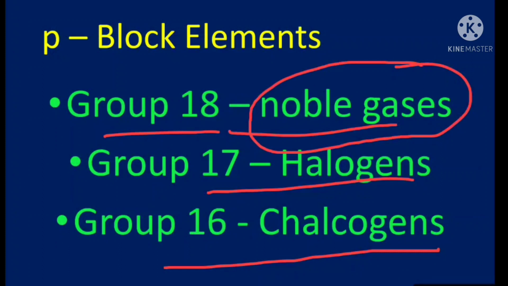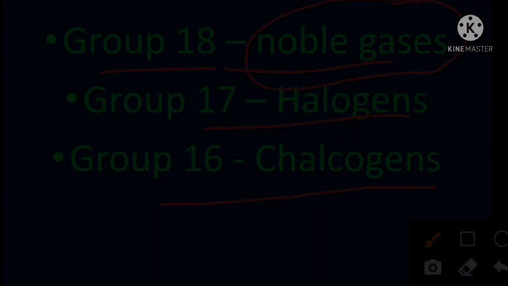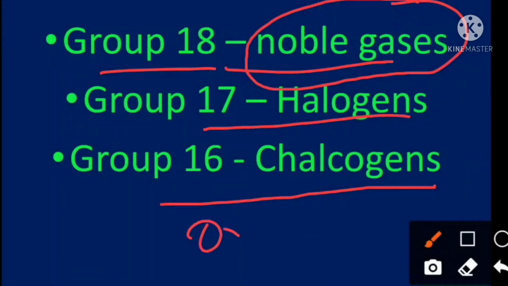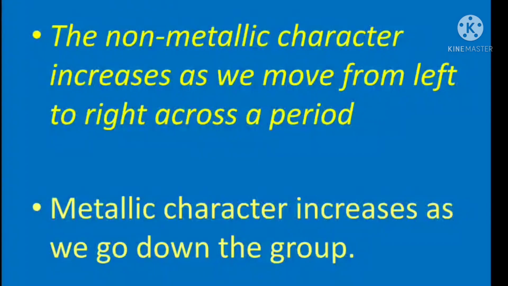Usually the minerals or ores of these elements are oxides and sulfides. Since they readily form ores, they are called chalcogens. These are some of the important categories of elements present inside the P block area.